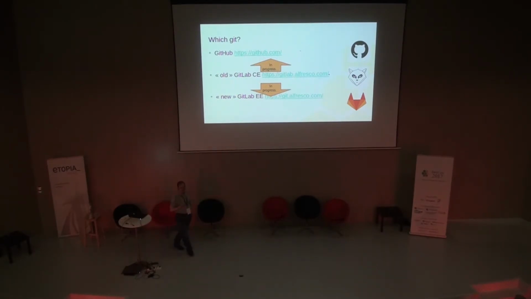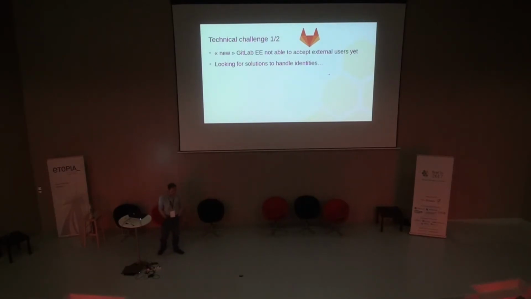What is clear is that public repositories are on GitHub because they are public and we want them to be visible to the world. And private ones, or partly private ones, are on our GitLab. One issue that we have to fix with this: in the old GitLab community, we were using that as well to exchange code with partners, with customers.